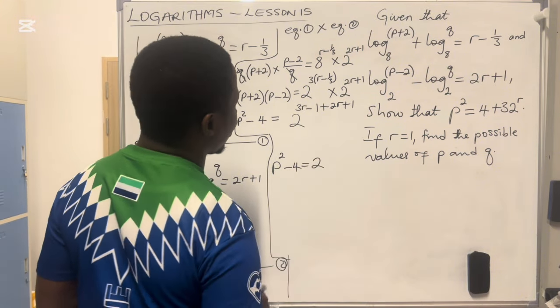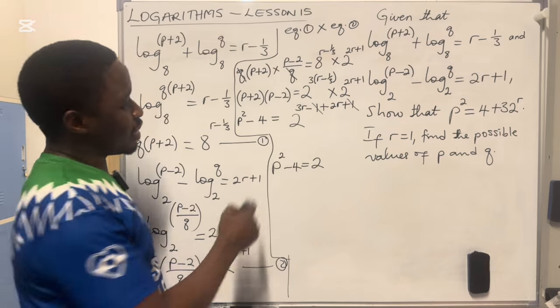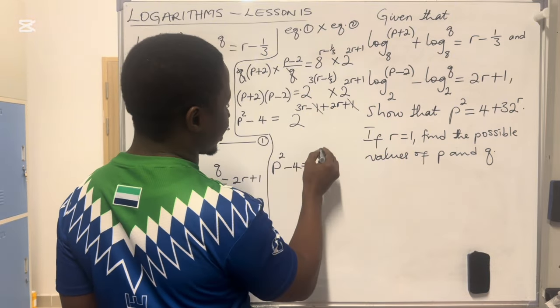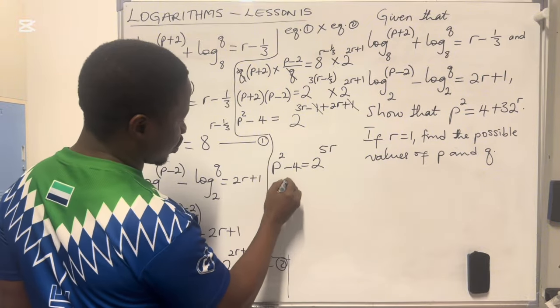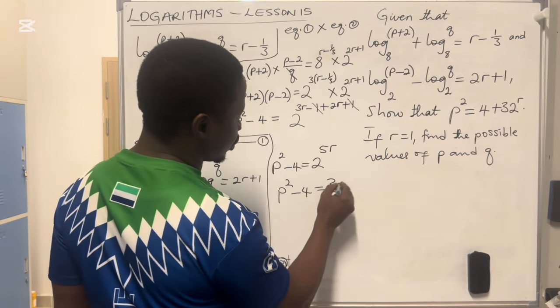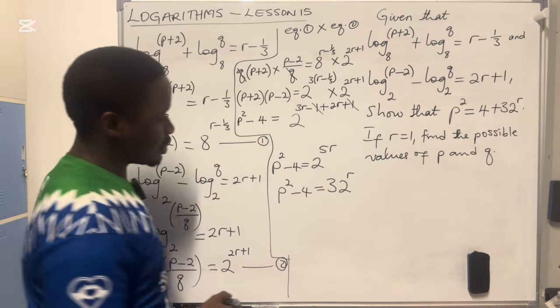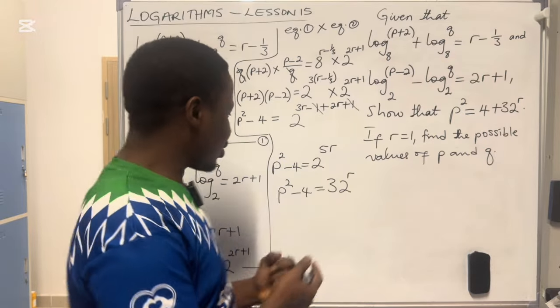This is 2 to the power minus 1 plus 1, which will go away. So 3r plus 2r is 5r. So p squared minus 4 equals 2 to the power 5, which is 32 to the power r. Look at what we want. But p squared is standing on one side.